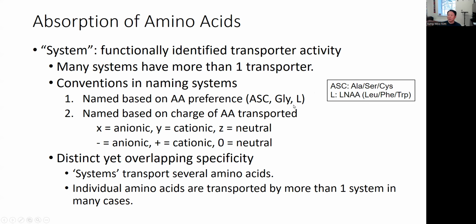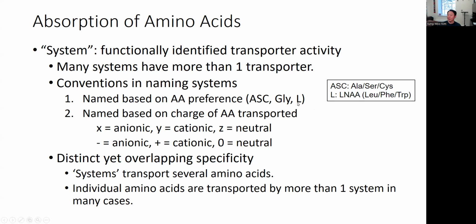As examples, there is system ASC, system GLY, and system L. System ASC is the amino acid transporter responsible for three amino acids: alanine, serine, and cysteine. In the case of system GLY, it means glycine, so this system is responsible for glycine absorption.